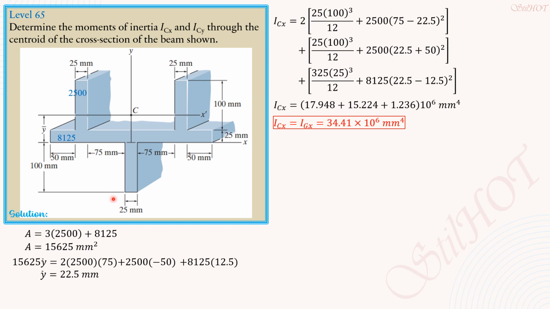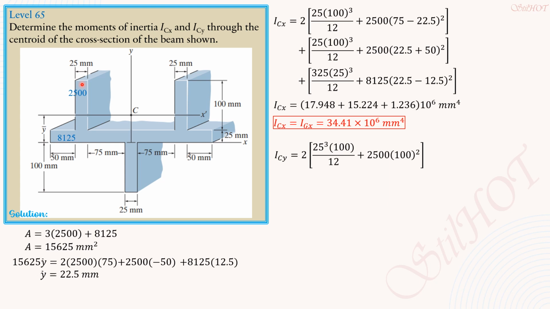For IGY, these two need not be transferred. The y-axis is also the centroidal y-axis of these two rectangles. So we just transfer these two about this axis here. So ICY equals IGY equals 2 times 25 cubed times 100 over 12 plus 2,500 times 100 squared.